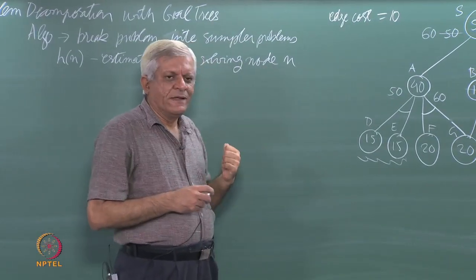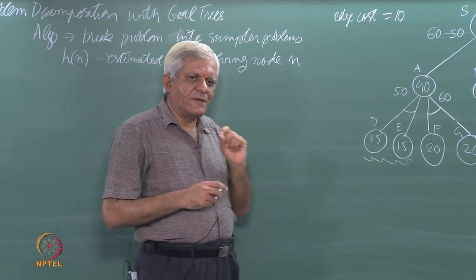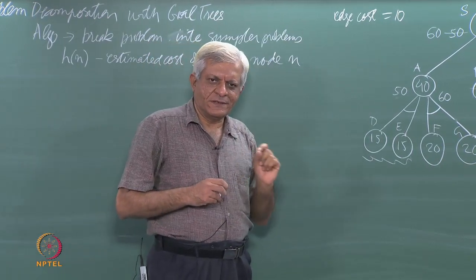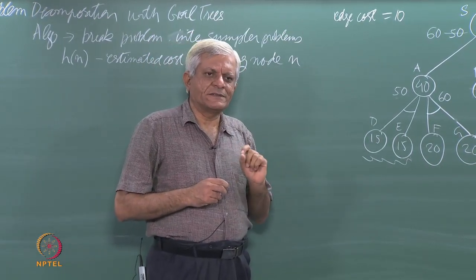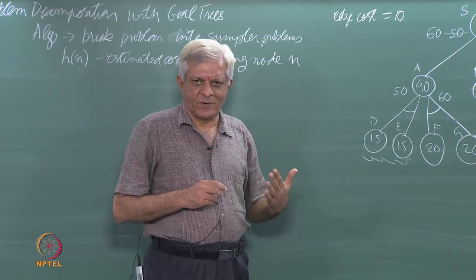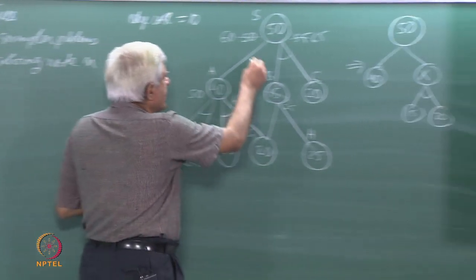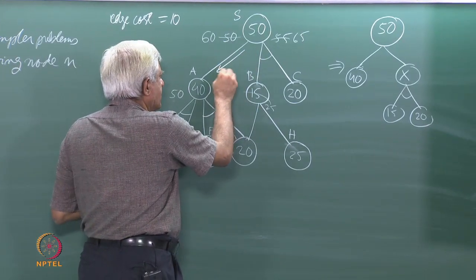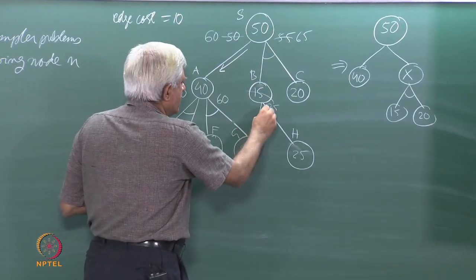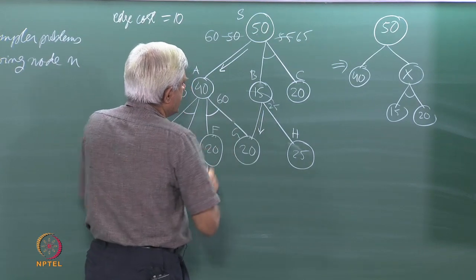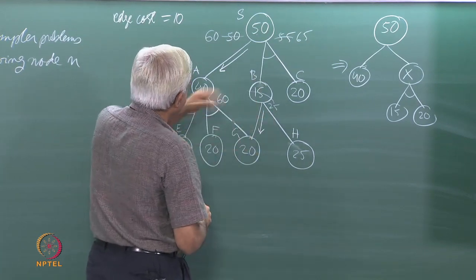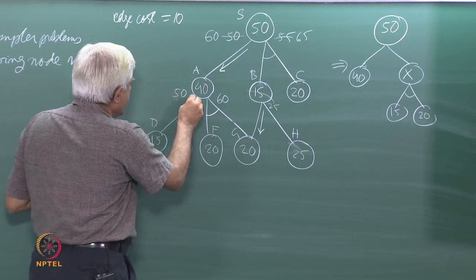How do I do that? In the graph I maintain at every choice point a marker which marks the best choice at that point, or at that stage of the graph. So, for this graph at this stage I would have a marker here, here I would have a marker here because here this is a better choice, here this is a better choice, and here I would have a marker here.